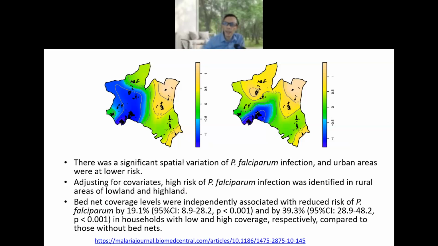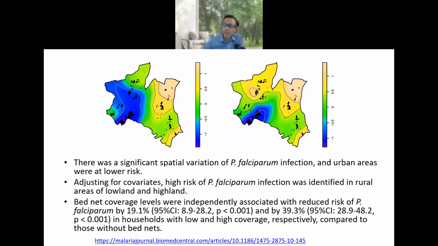Right. So in this study, what they did was they took data from a certain number of areas. They went to the kampung in this area. I'm not sure which country this one is. So they took information about the bed net coverage.